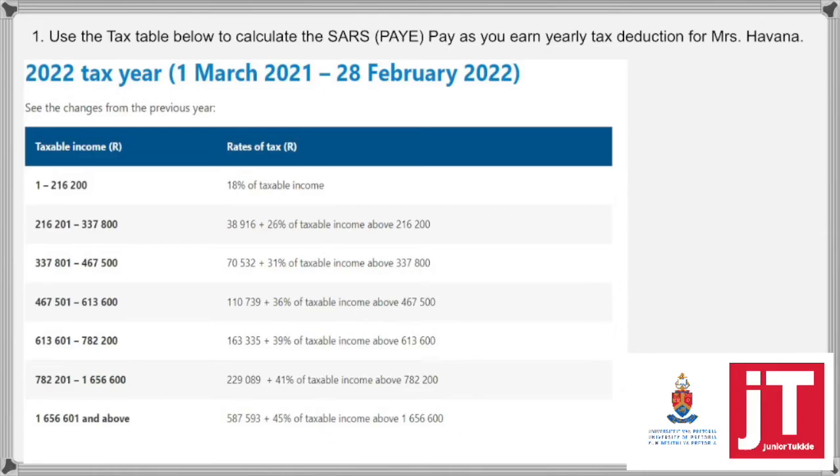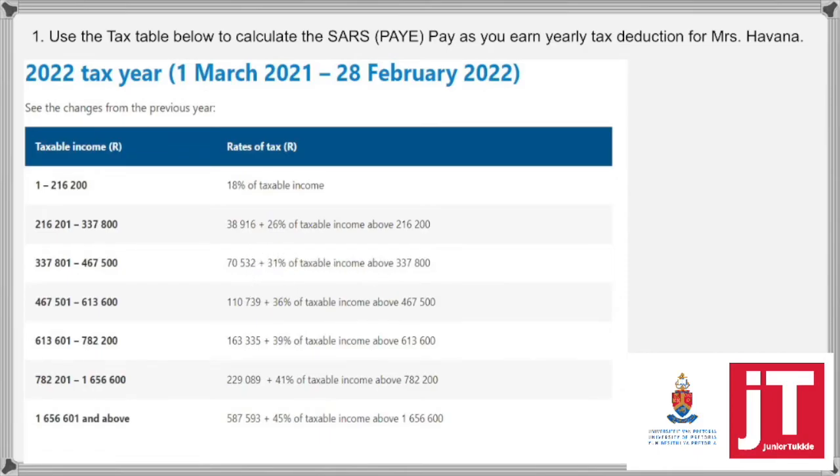So if you earn, for instance, 400,000 Rand, you will start with the 70,532 Rand as a basis, then take your 400,000 minus the 337,800, get an amount, and then calculate 31% on that.